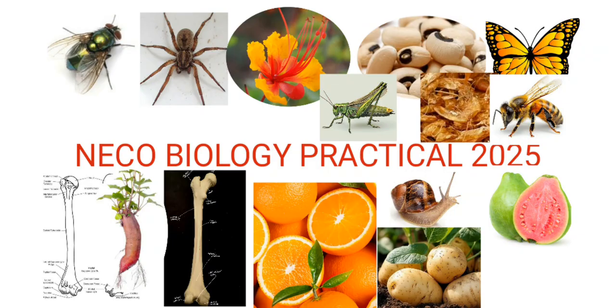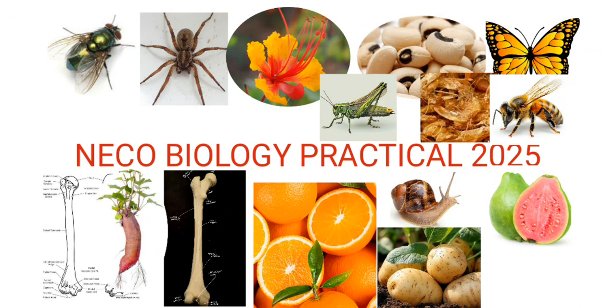Antennae: 2 pairs of antennae are present in Crustacea. A pair of antennae is present in Insecta, be it housefly, butterfly, or grasshopper. Then there is no antenna in Arachnida, which is the spider.